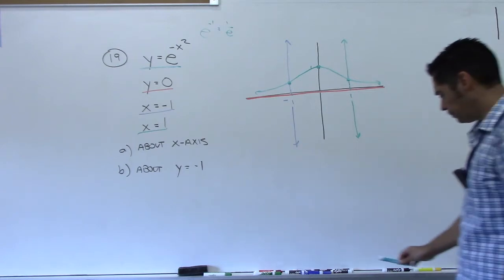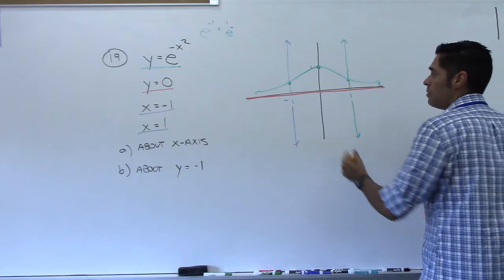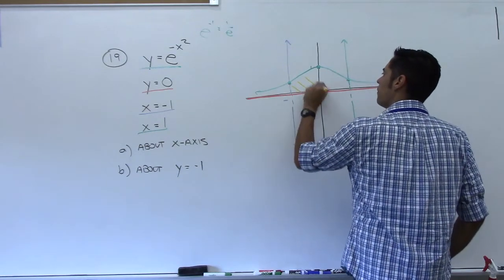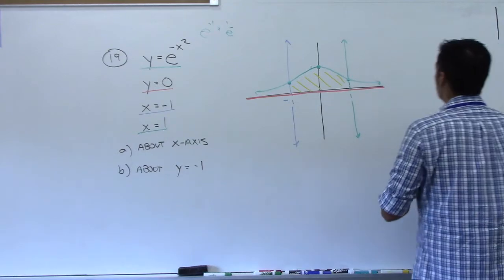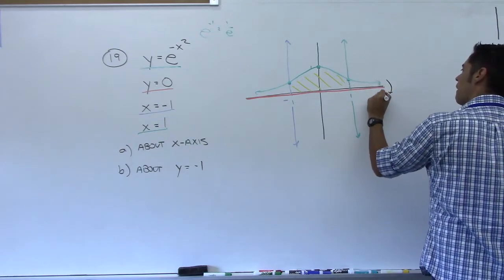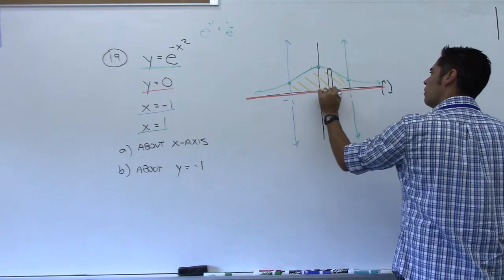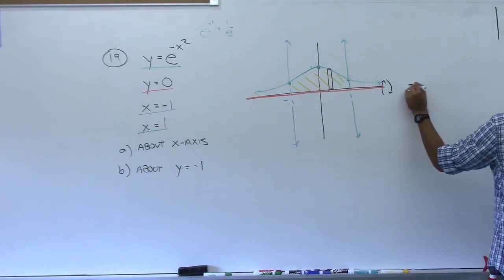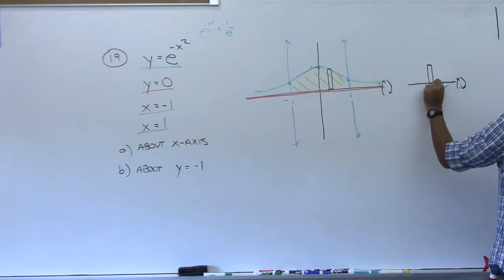So now, the region we're talking about is the region bounded by all of those, which is in here. And I want to rotate for part A around the x-axis. So the x-axis is here. I'm going to do a vertical rectangle. I'm going to transpose that over here. Here's my axis of rotation. My rectangle's here.